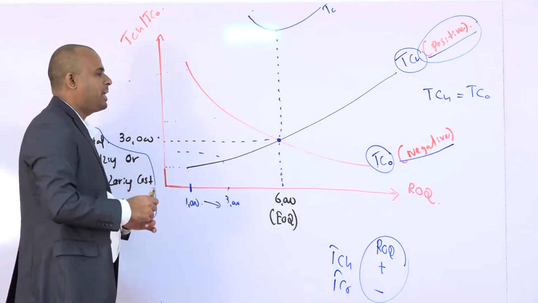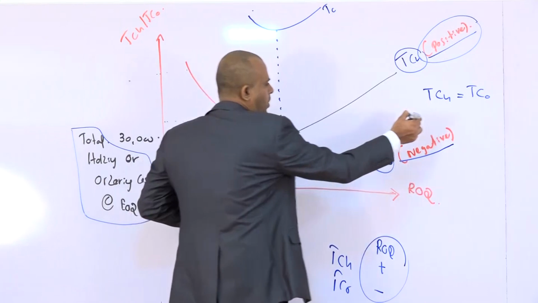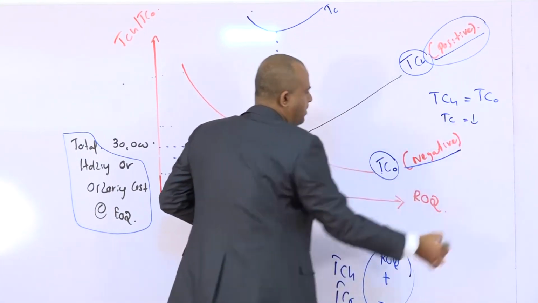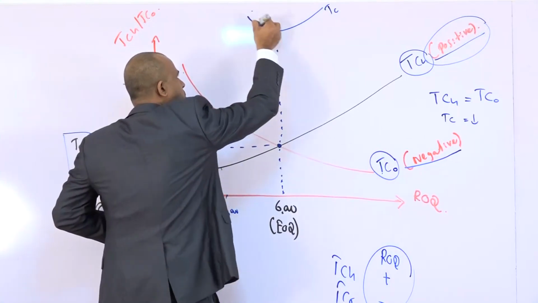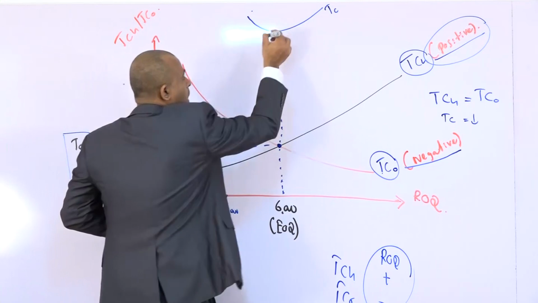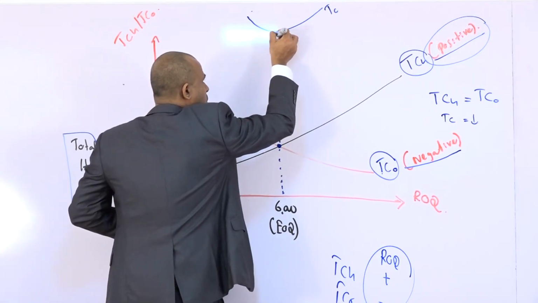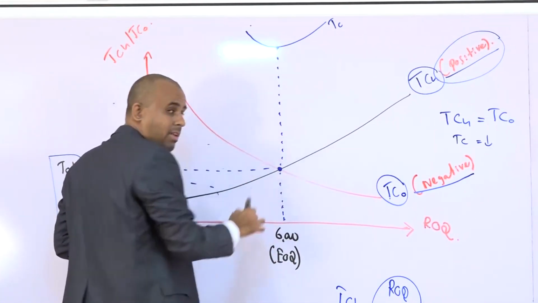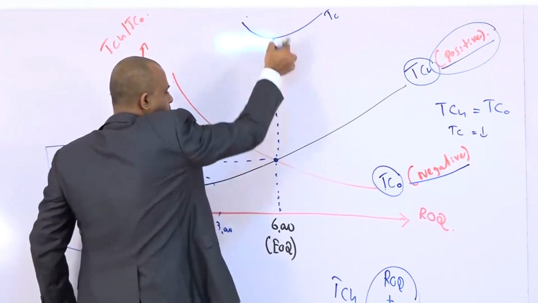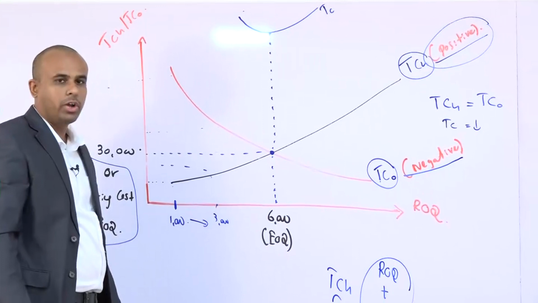And also there is another characteristic of the economic order quantity, that the total cost will be what? Minimum. Yes, Putha, if you consider this as the total cost curve, the minimum point of the total cost curve will intersect with this particular point. So you can represent that in the economic order quantity graph too.